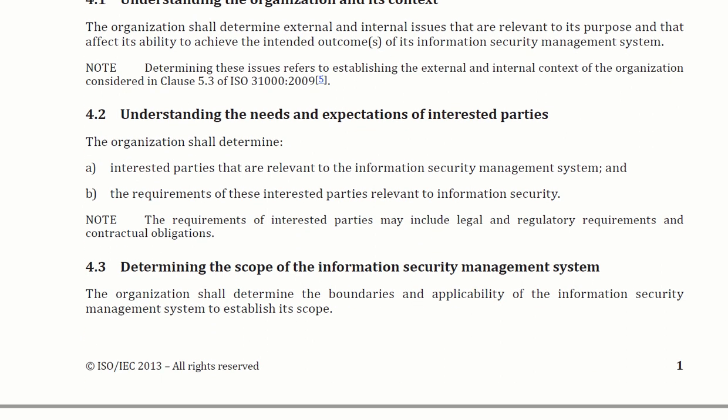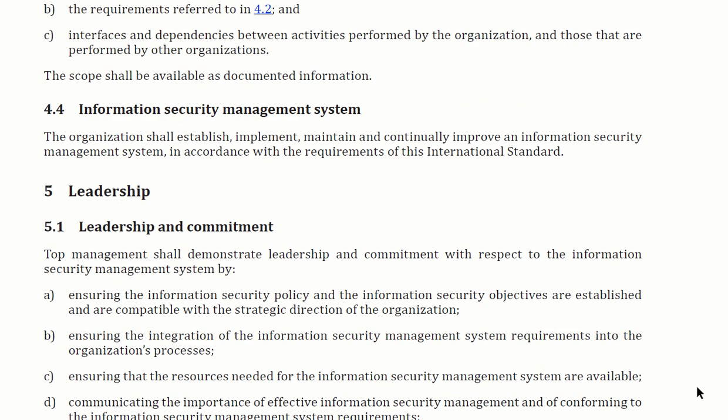In the older standard, 4.4 said that the organization will establish, implement, maintain, and continually improve an information security management system in accordance with the requirements of the international standard. So this was the requirement in your older standard: you need to implement, maintain, and continually improve your information security management system.